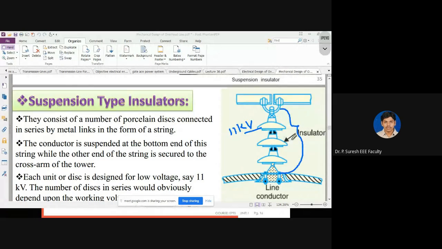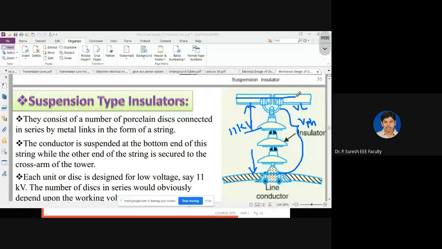And the voltage across the insulator is what we call the phase voltage. Don't take it as line voltage. Why? Because we are connecting the insulator to each conductor. So each conductor to earth is which voltage? Earth is nothing but the tower cross arm.